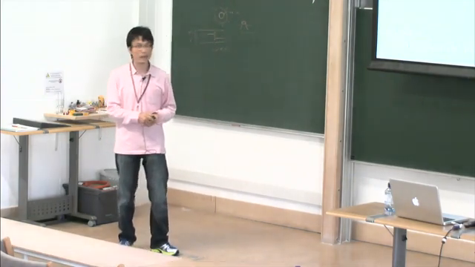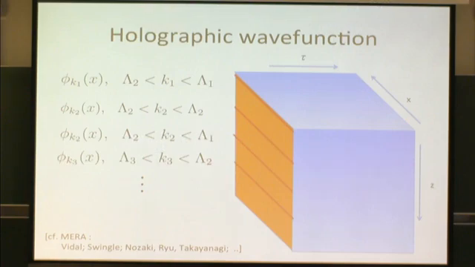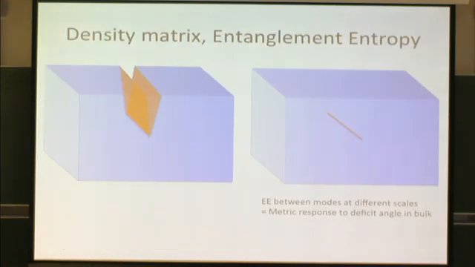Maybe the MERA is some kind of time slice version of this. There is some connection, but it's not entirely clear. And then in this context, you can think about the density matrix. In particular, this quantum RG now allows us to really go into the bulk.